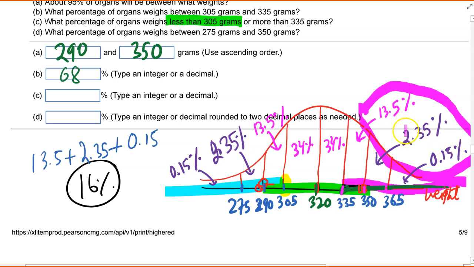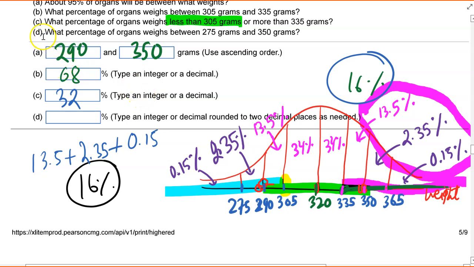The same thing, 13.5 plus 2.35 plus 0.15, which is 16%. Therefore, the final answer for what percentage of the organ weights are less than 305 or more than 335 is 32%, because you add 16% and 16%, and we get 32%.